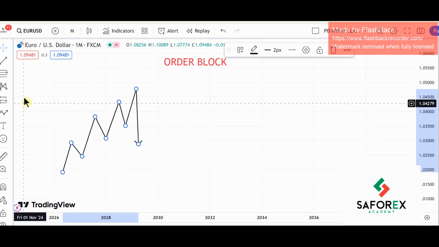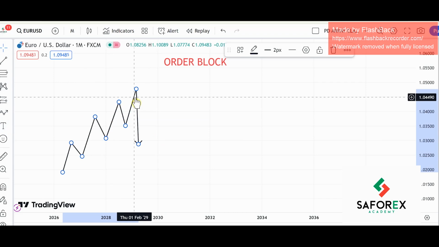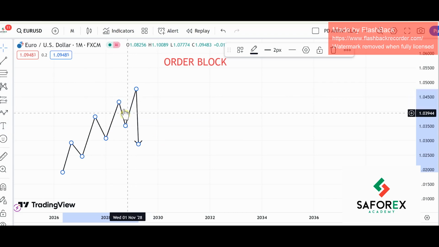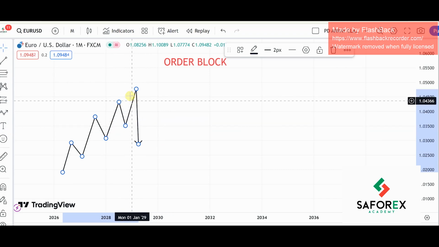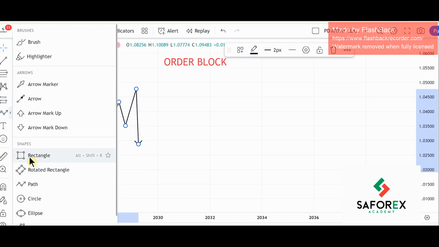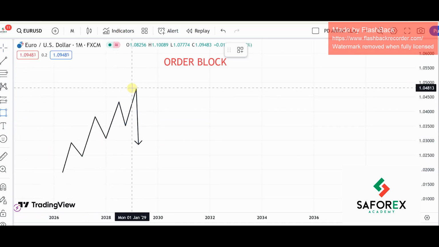the last green candle that was printed at the top, before this market breaks down, is called an order block. What I mean is this: you know that there will be consistent buy candles here, right?